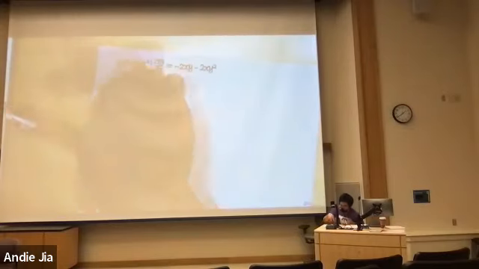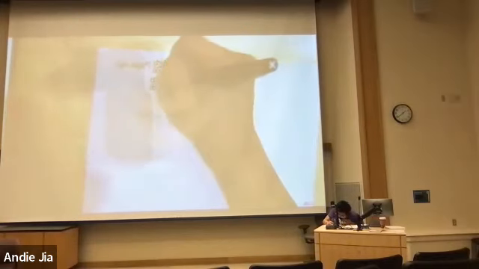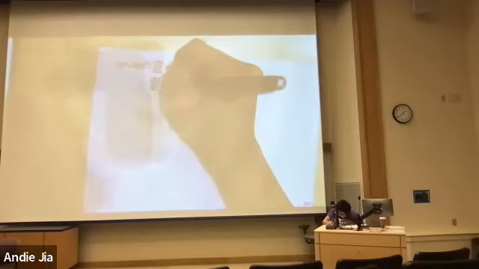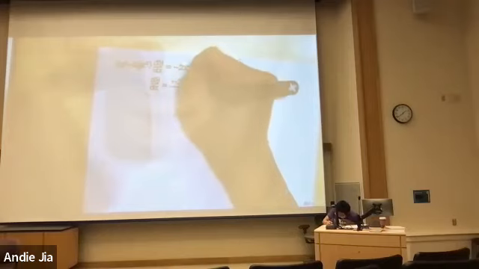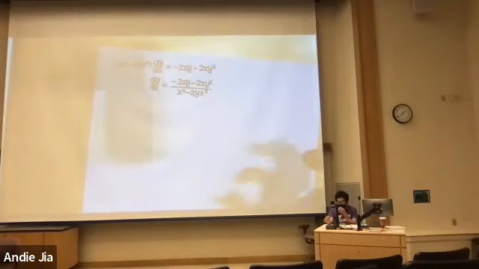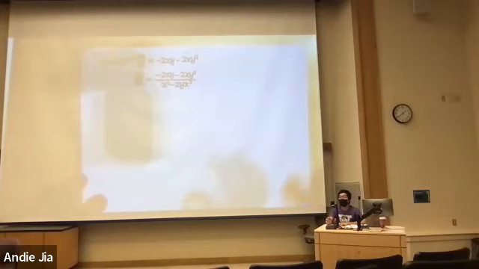Move this to this side, just multiply by 1 over this expression. You get dy dx equals negative 2xy and negative 2xy squared over x squared minus 2yx squared. This is the expression, and to find the slope of the tangent line, you just plug in x equal to 2.